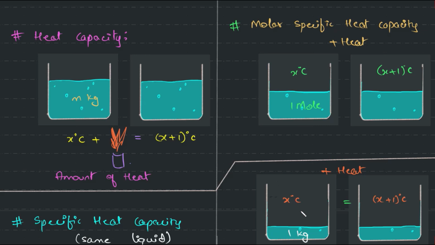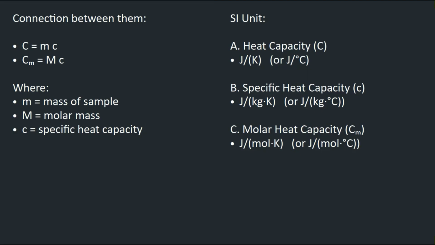So if I know this, all I have to do is multiply it with m, which is the mass, and I'll get the heat capacity. If I know the specific heat capacity and the molar mass, I can get the molar heat capacity by multiplying with capital M. That's all. Does it make sense? Does this diagram help you? I mean, it has to. That's the point.